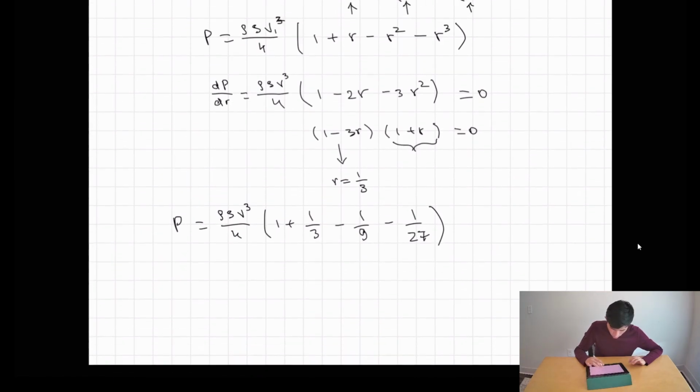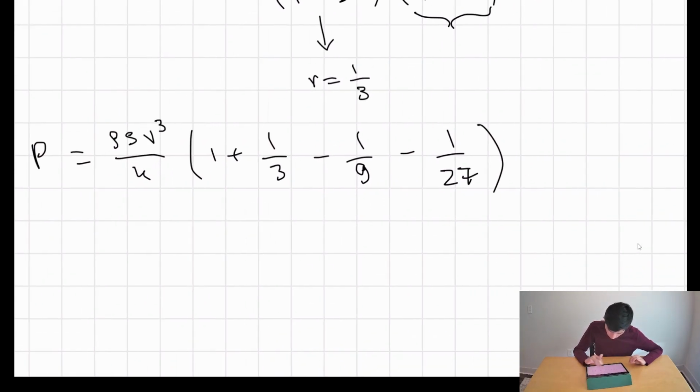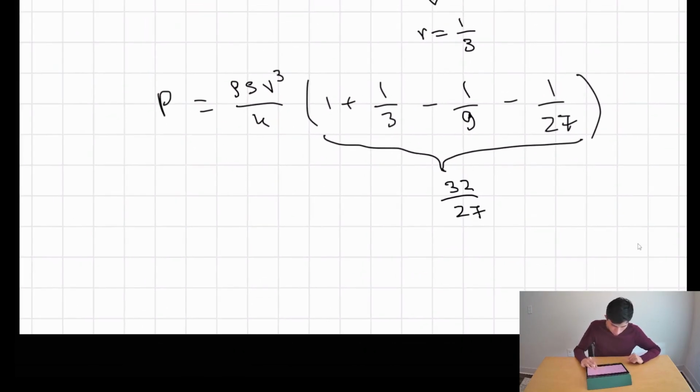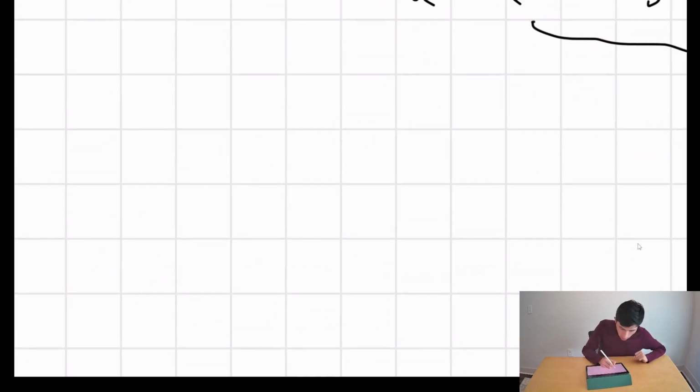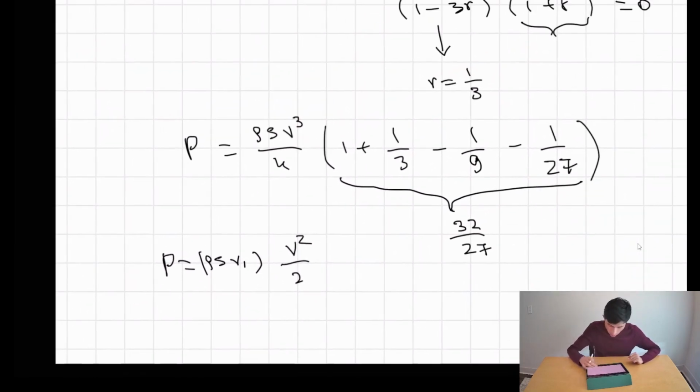Okay, so what we're going to have here is, so this thing is going to be 32/27, and we know that the maximum power is rho SV1 squared over 2, right?